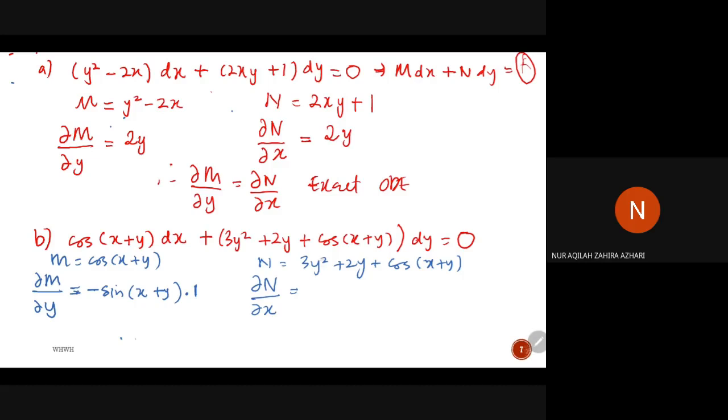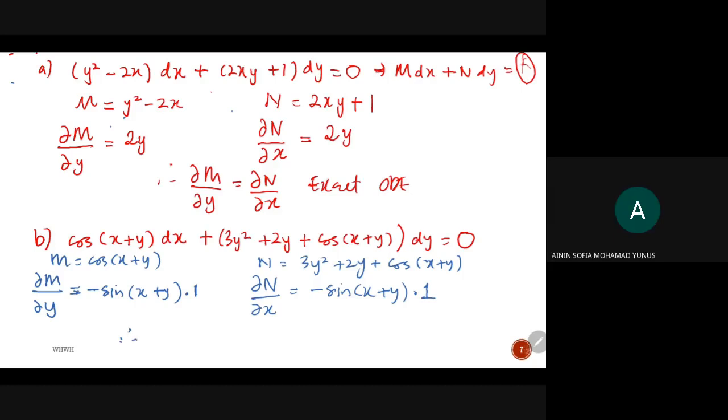So the first term, what happened? 0. Second term? 0 also. And mana yang tak kosongnya? The third term again. Differentiate cos x plus y. Differentiate cos you get negative sin x plus y, darab dengan 1. Okay.